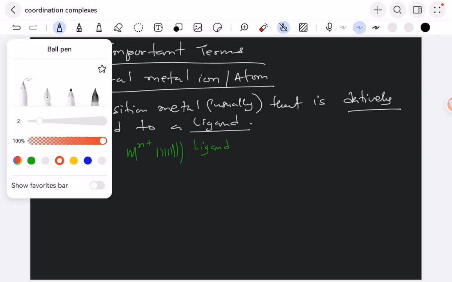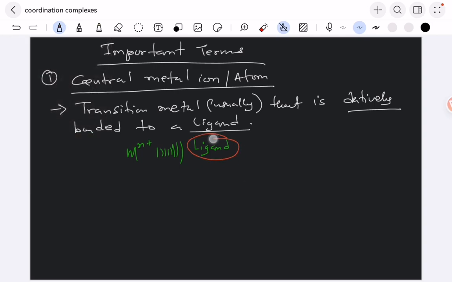In other books, they describe a ligand as a Lewis base because it donates electrons. If you go back to acid base theory.